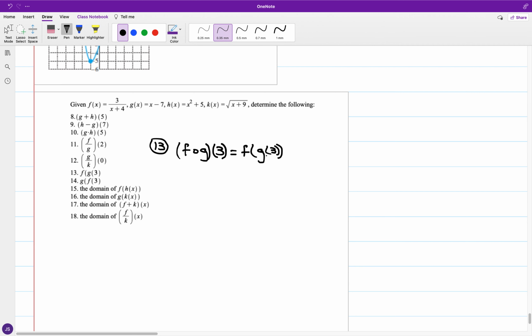For the input, you got g of 3, and that is equal to 3 minus 7. And 3 minus 7 is equal to negative 4. So f of g of 3 becomes f of negative 4.